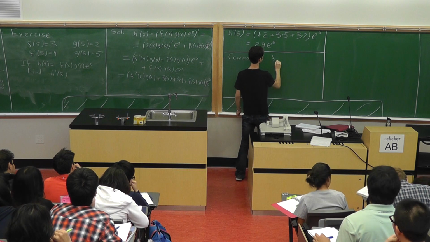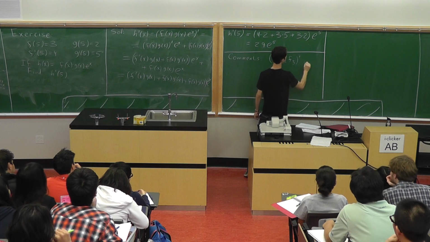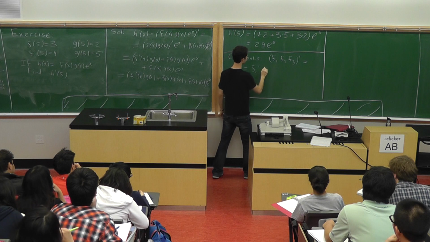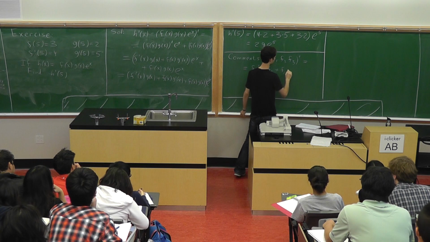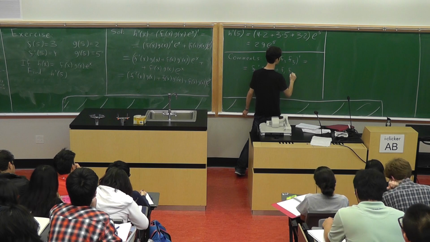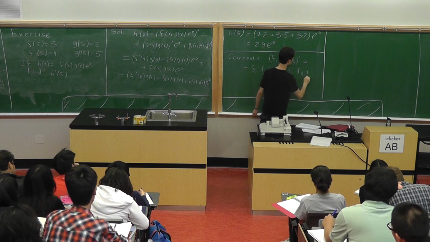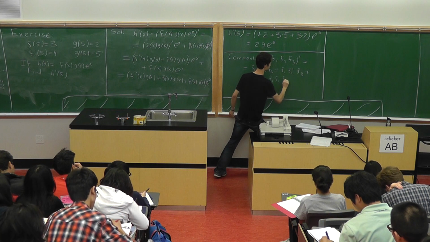So let me write it like this. If you have a product of three functions and you want to find the derivative, the answer is like this. It's the derivative of the first one times the product of the other two, plus the first one times the derivative of the second times the third one, plus f1, f2 times f3 prime.